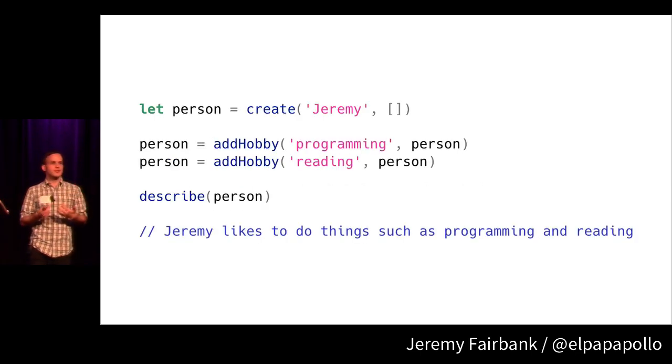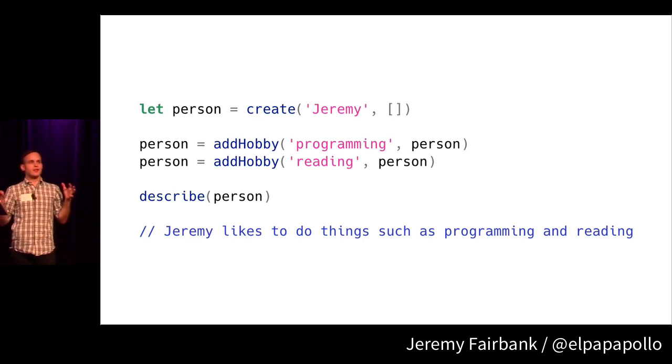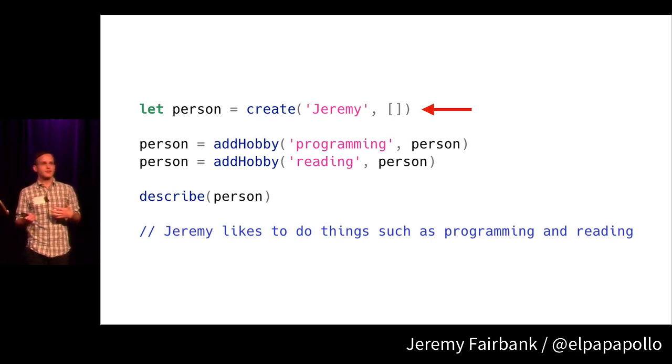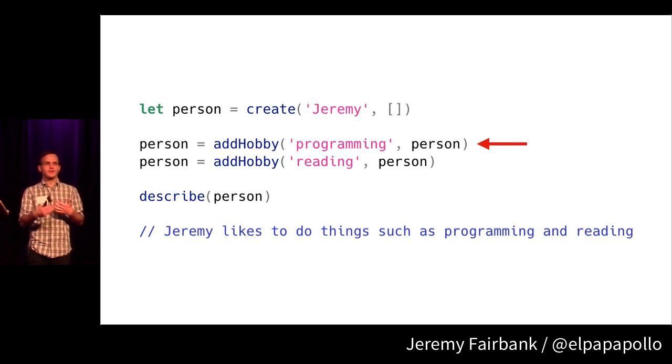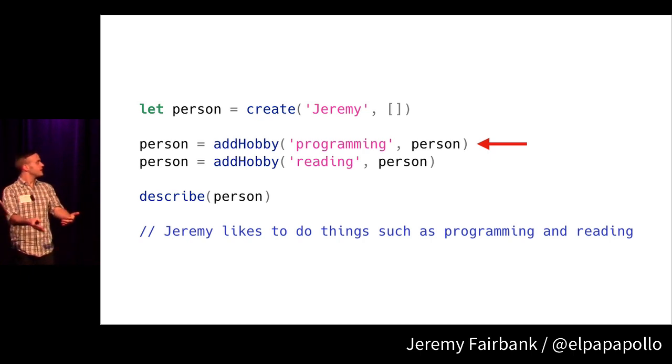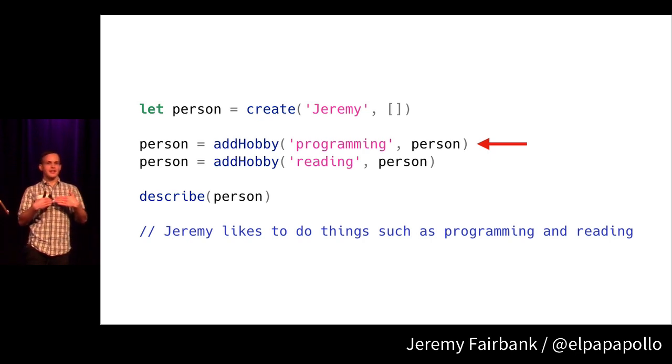And now when I want to use this code, my state is out in the open. It's not hidden behind this class instance. So I can create an instance of a person just by calling this create function. In this case, I start off with no hobbies. And now I can use my new addHobby function. I can call it with programming and the person, and it's going to return back a new person. So I'm always explicitly accepting my state changes because state always comes back as a new instance.